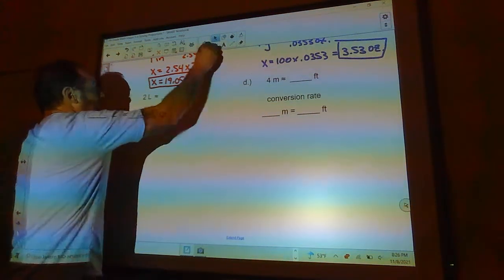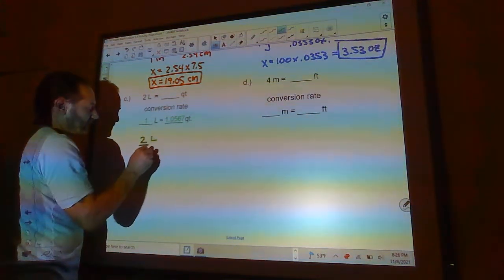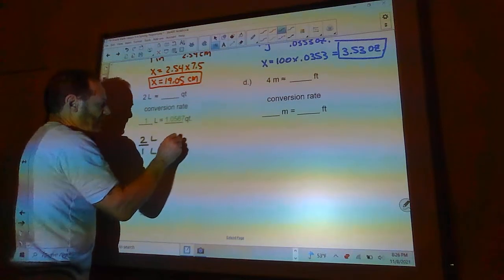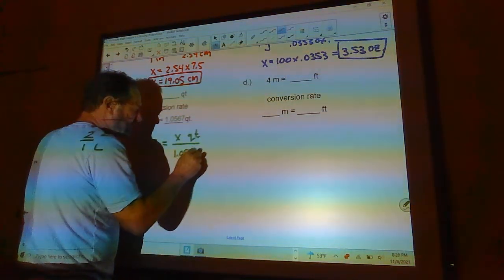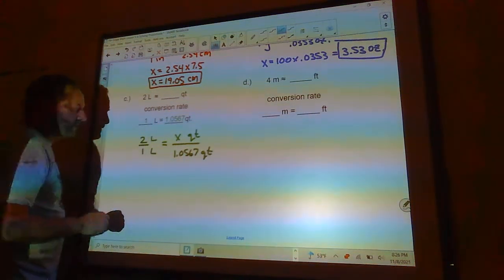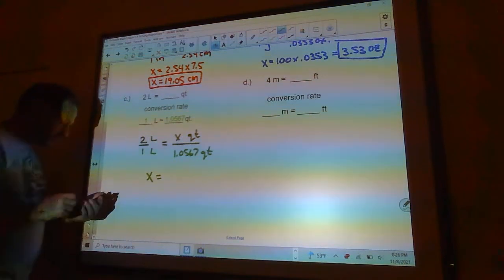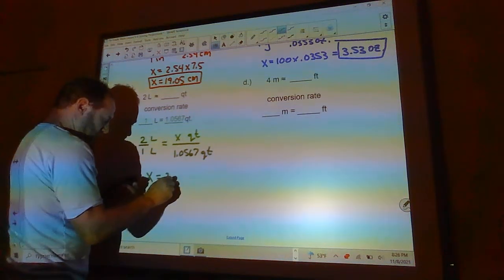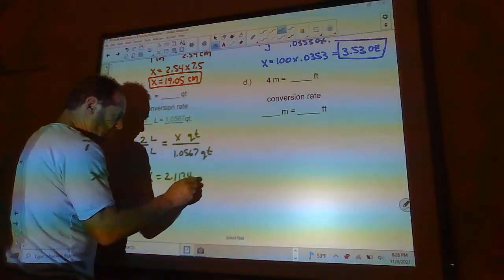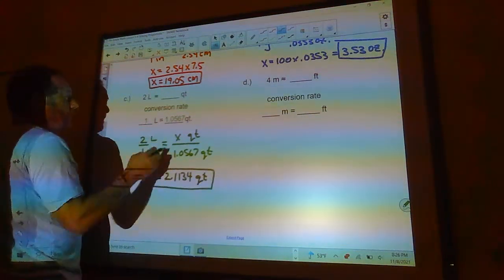So I can write a proportion. 2 is to 1, and those are both in liters, as x quarts is to 1.0567 quarts. So then x is just this times 2. So 1.0567 times 2 is 2.1134 quarts. And that's going to go here.